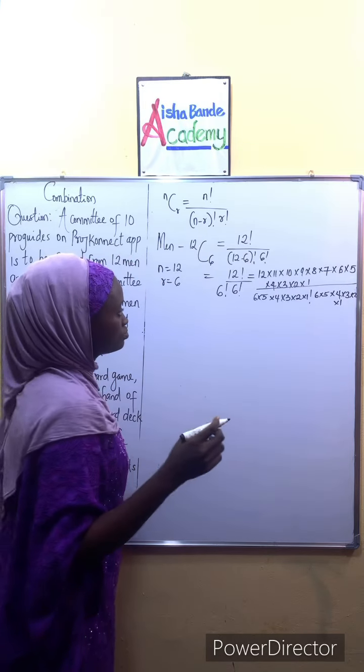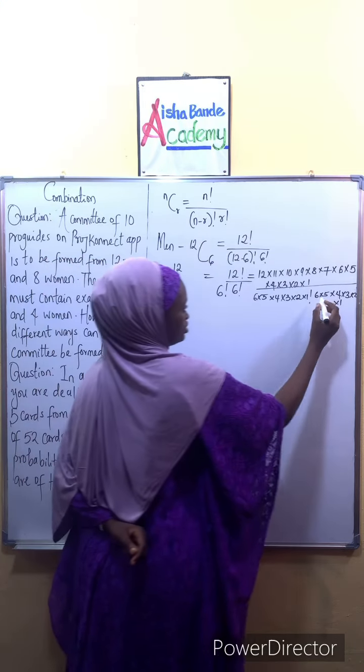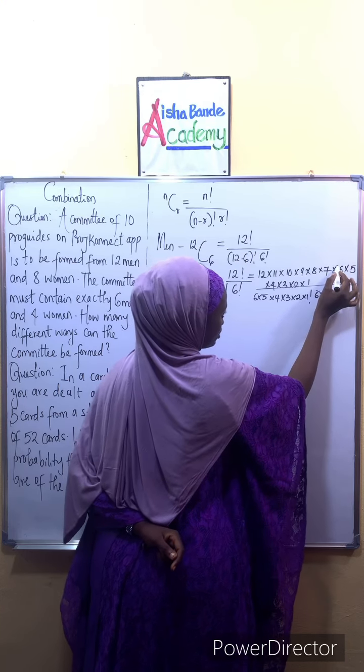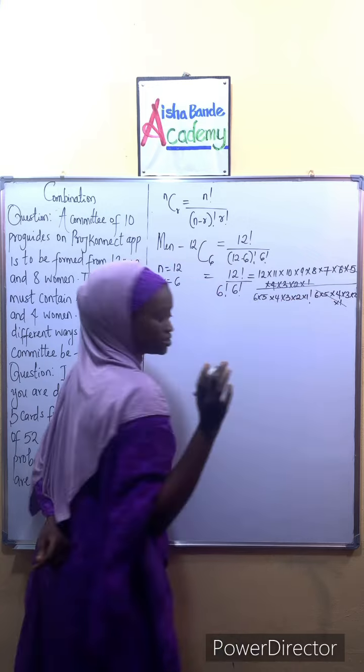So from here, this makes it easy. This 6, 5, 4, 3, 2, 1 cancels out the whole of what we have here, right?